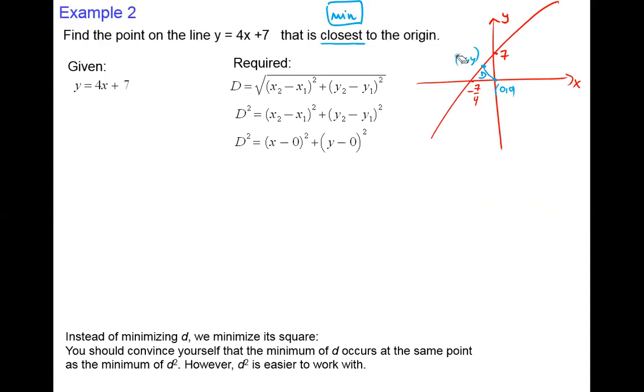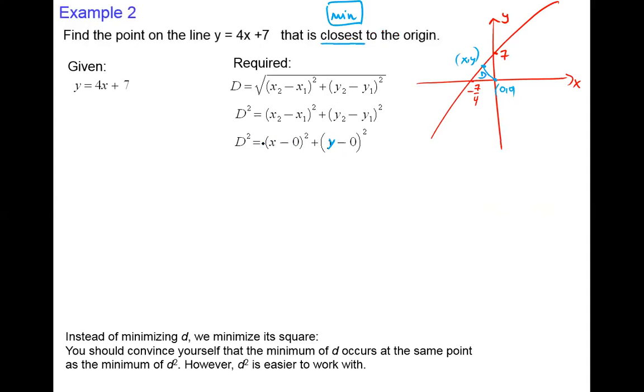Okay, now let's put the values. As I said, one point is x and y, another point is 0, 0. That means x minus 0, y minus 0, okay? And of course, we don't need those zeros, I will not rewrite the zeros again. x can stay, but we also have to rewrite our function in terms of one variable.